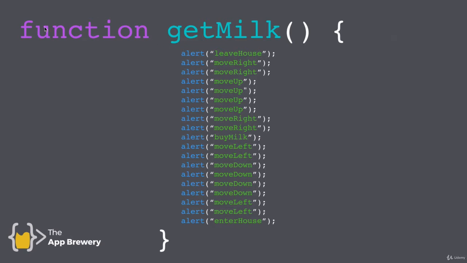And this is essentially the structure of how you would create this function for getting milk. You first start off with a keyword called function that tells the computer that you are creating a new function. You give the function a name, you have a set of parentheses or round brackets, and then you have some curly brackets that enclose all of the instructions that you want to be executed.